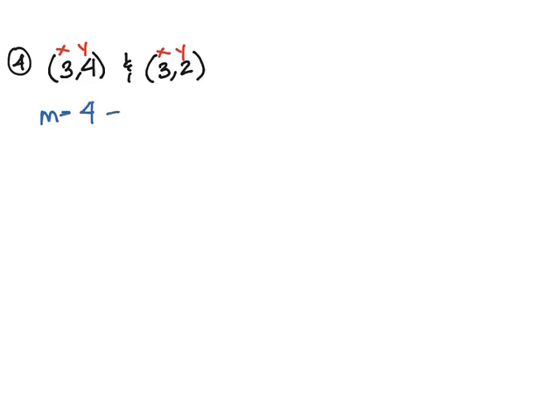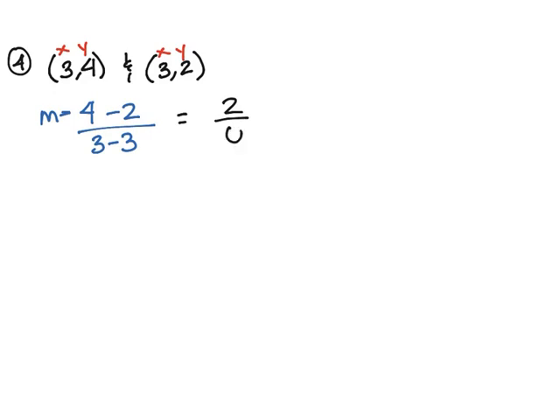And our last example on finding the slope, given 2 points, we have 3, 4, and 3, 2. Plug it in. We have 4 minus 2 over 3 minus 3. And 4 minus 2 is 2.